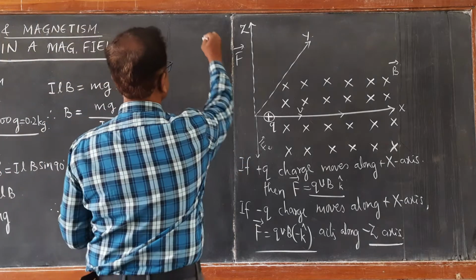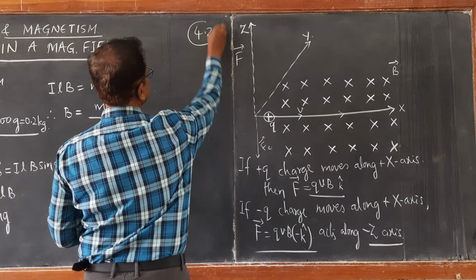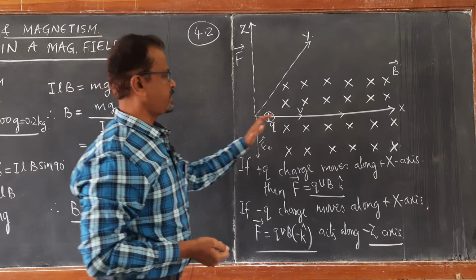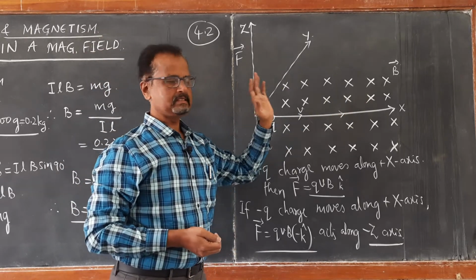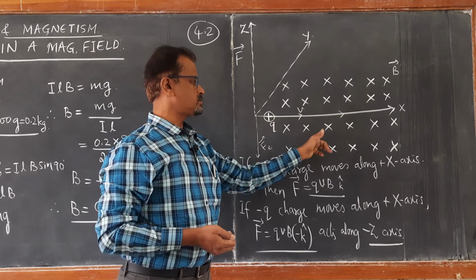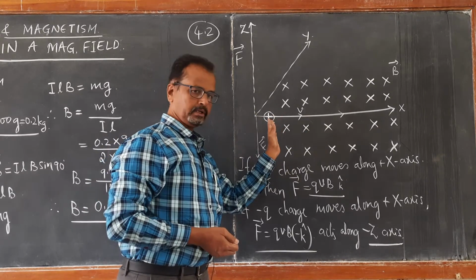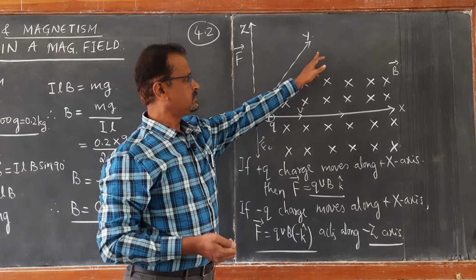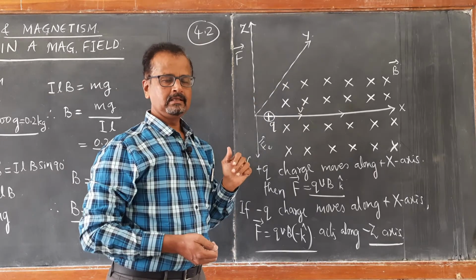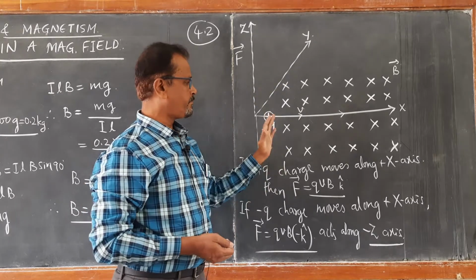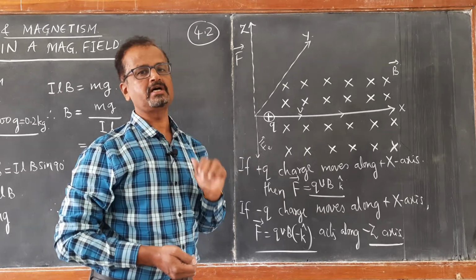This is from your textbook, example number 4.2. There is a charged particle moving along positive x-axis, and you see the cross marks representing a uniform magnetic field acting perpendicular to x-axis. Let us say it is acting along y-axis. Then what is the direction of magnetic force experienced by the charged particle?